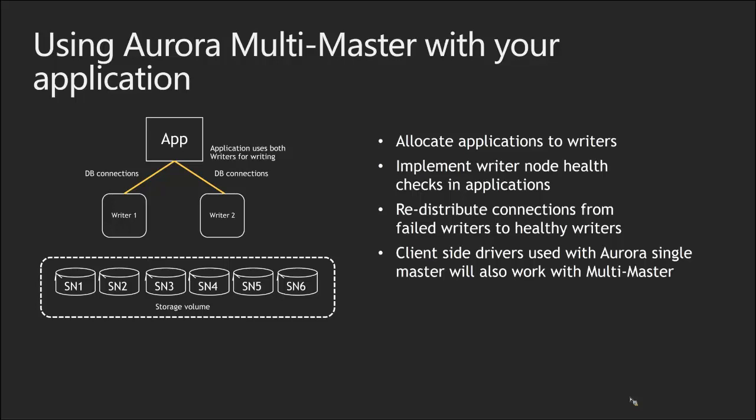So what you would want to do in your application is obviously check that the writes actually succeeded and that the writer nodes are still responding. If one of them is not responding, then you would want to start writing to the other one. But the rest of the time, you would probably want to distribute your writes as evenly as you can, between these two writers that both go to the same storage.